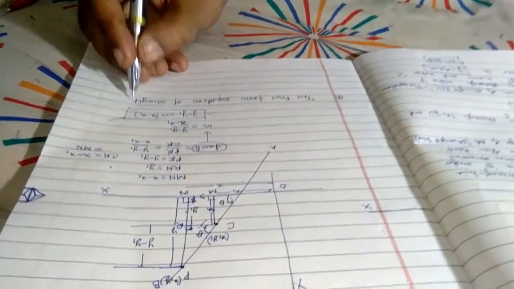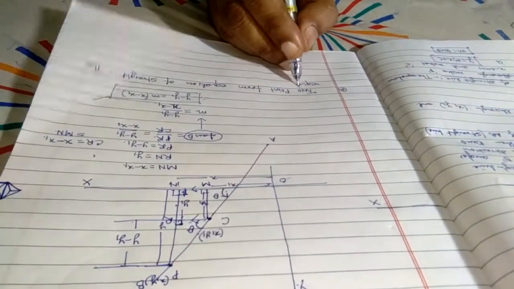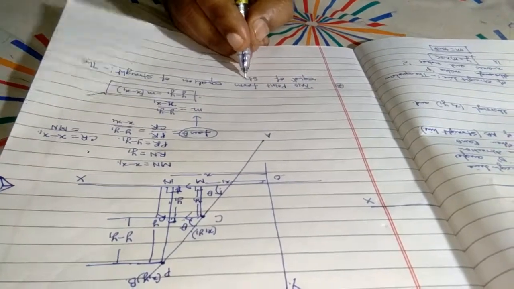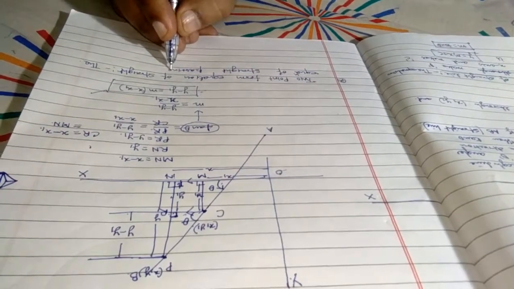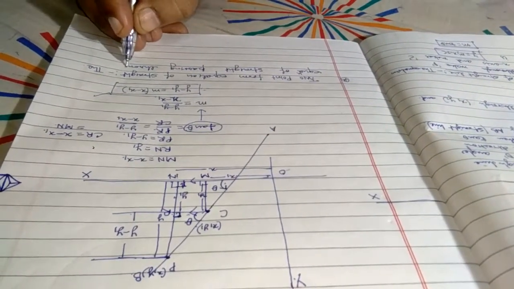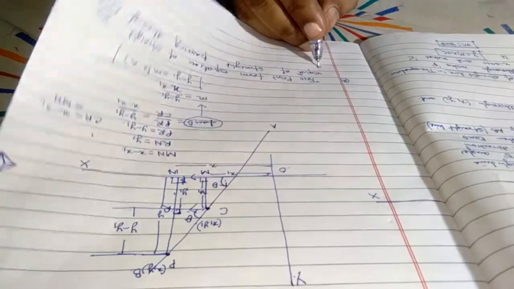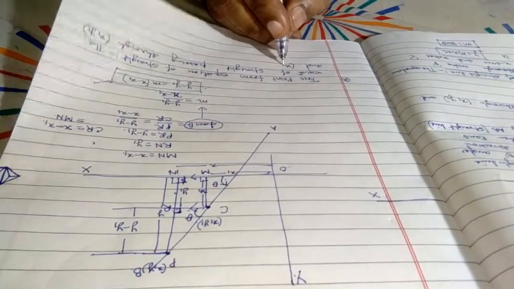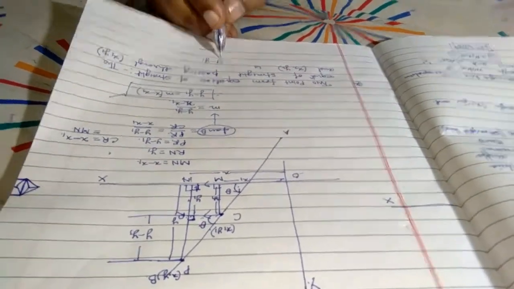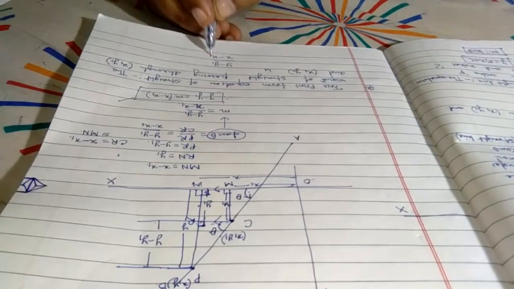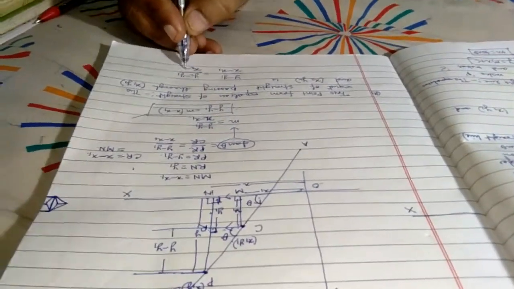The equation of a straight line passing through one point having the coordinate x1 y1, and the other point x2 y2, is y minus y1 divided by x minus x1 is equal to y2 minus y1 divided by x2 minus x1.